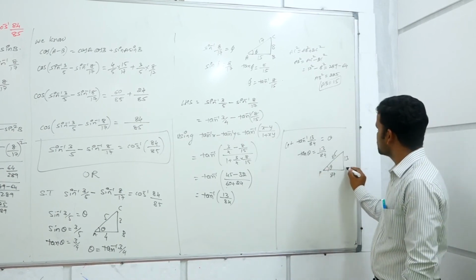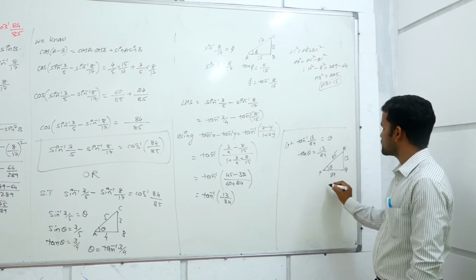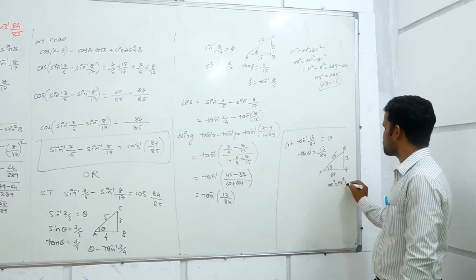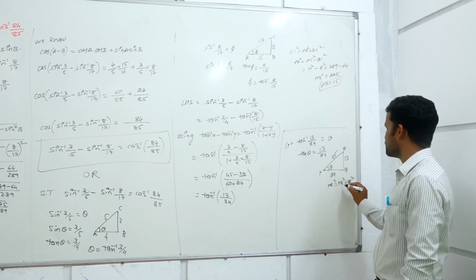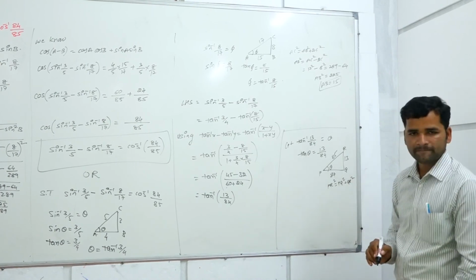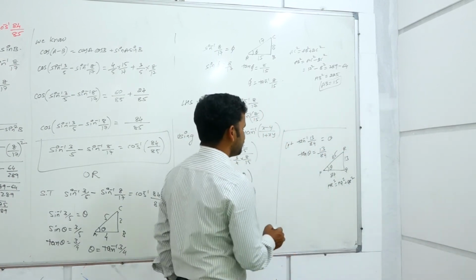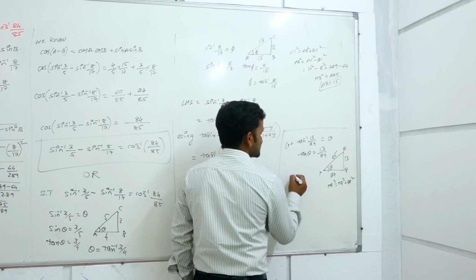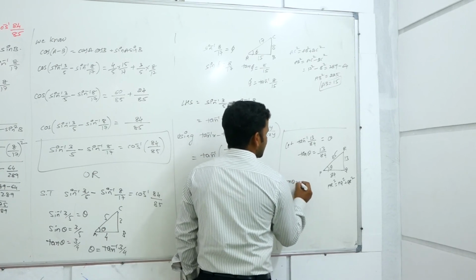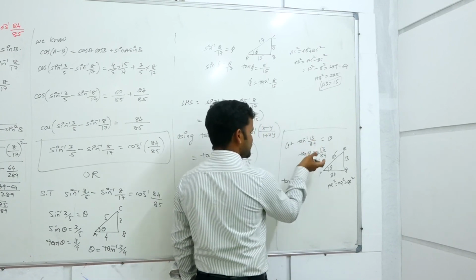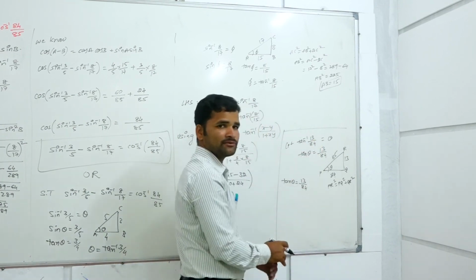If you take this as P, Q and R, according to the Pythagoras theorem, PR square is equal to PQ square plus QR square, where we know PQ and QR. Apply and take the square root of that, we will get it as 85. Now, tan theta is equal to 13 by 84. Theta is equal to tan inverse of 13 by 84. That is fine. What we want now?